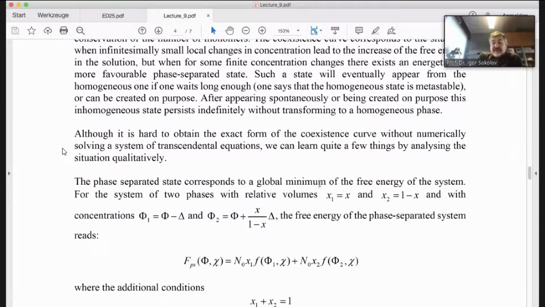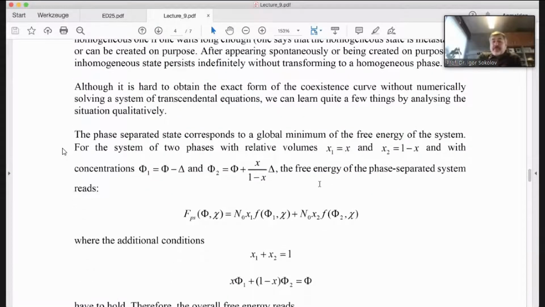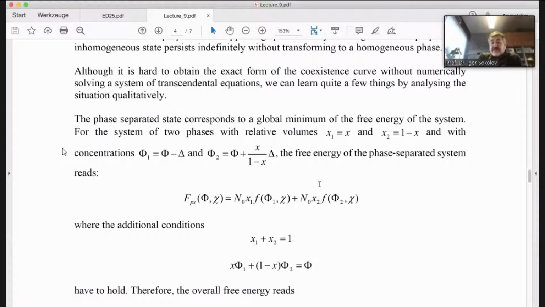Now, let us consider the optimal phase-separated state. The global minimum in the phase-separated system, provided you took the best two volumes and the best concentrations in them, so that the free energy of this two-phase system is indeed minimal.